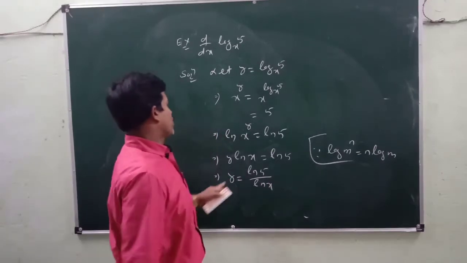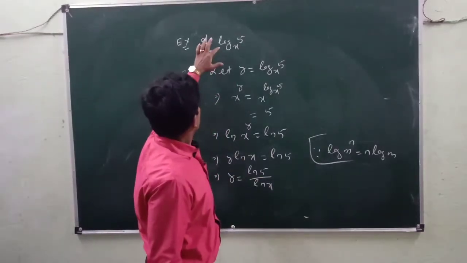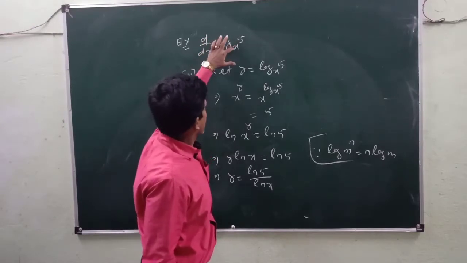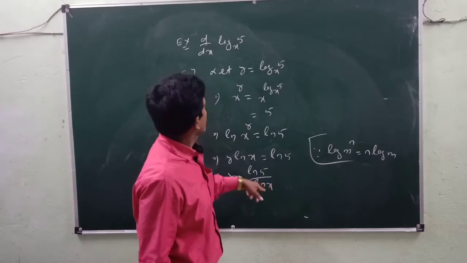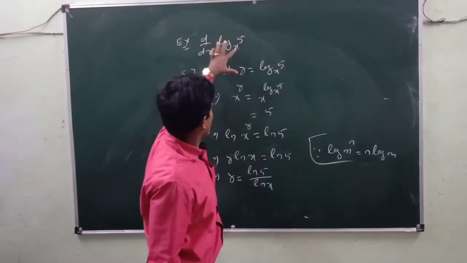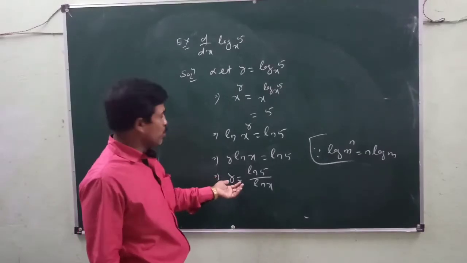Also, you can directly find after this simplification that log 5 to the base x is the same as ln 5 by ln x. You directly write ln 5 by ln x, then you find the value of dy by dx.